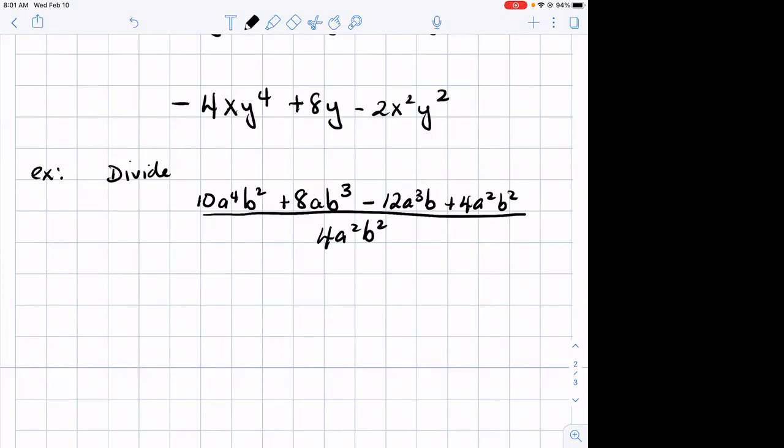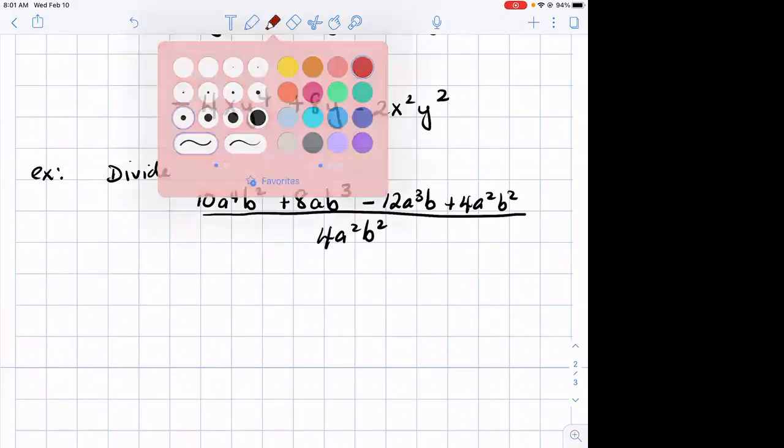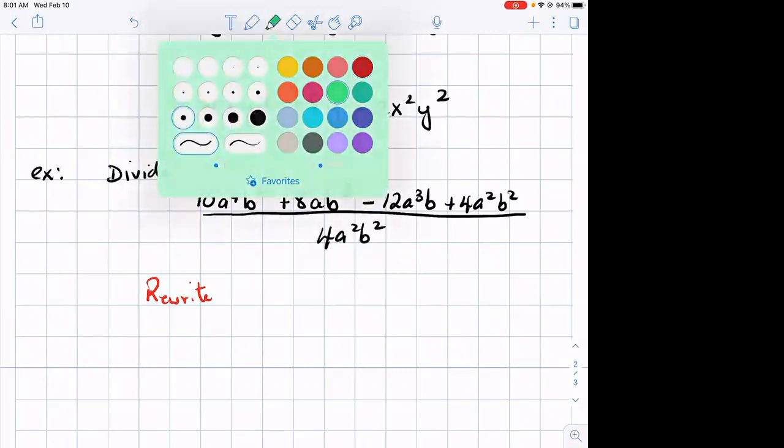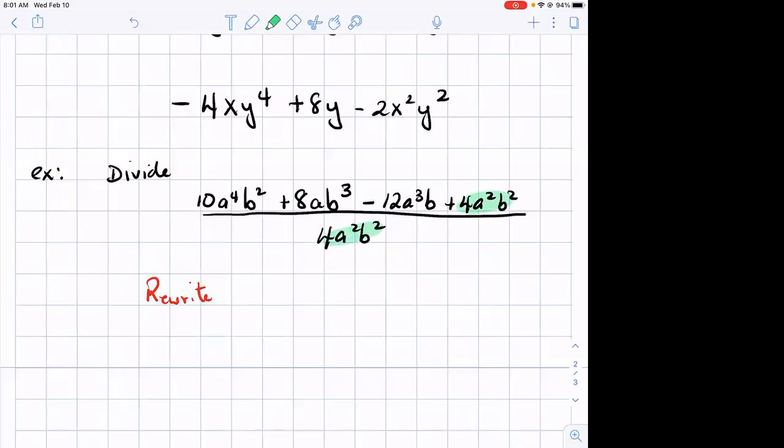So once again, our denominator is a monomial. So all we have to do is rewrite this. Now here is the reason I urge you to rewrite. Because if we don't rewrite, a common mistake is that, sometimes what happens, notice that this term is the same as that term.